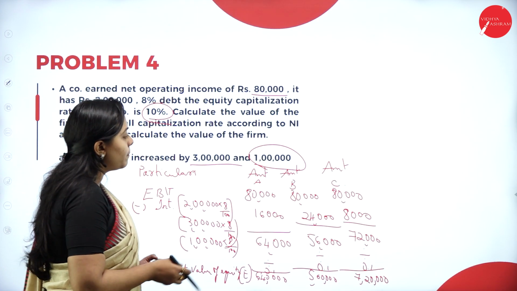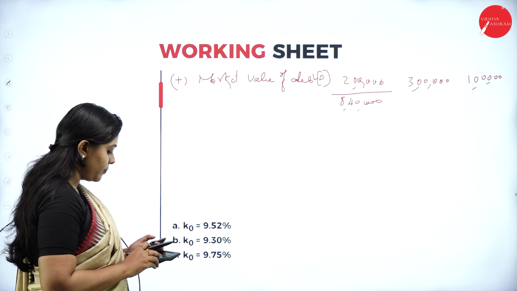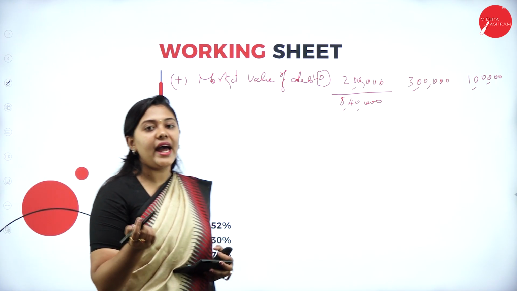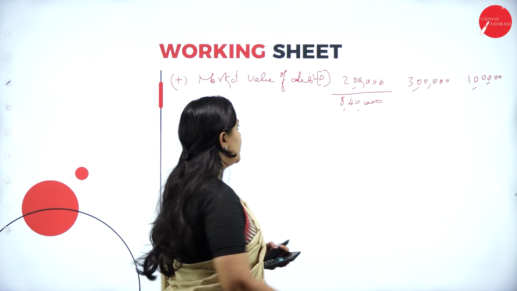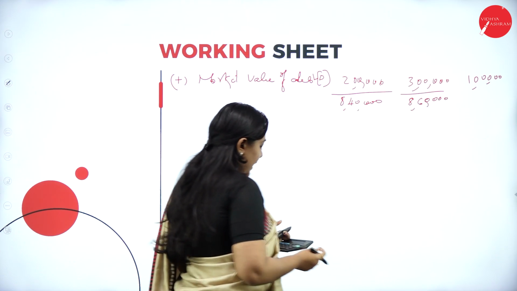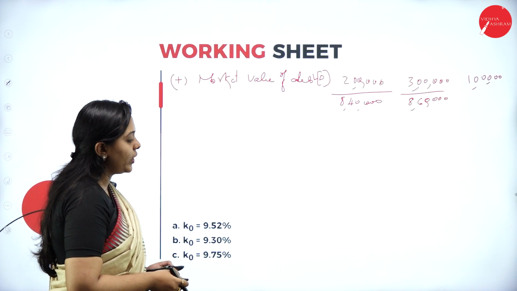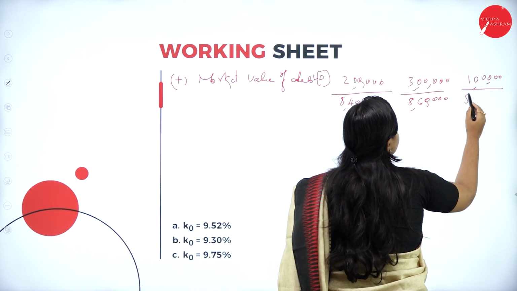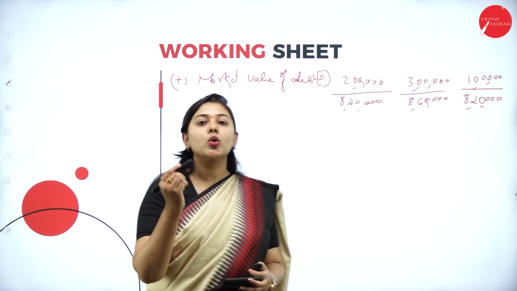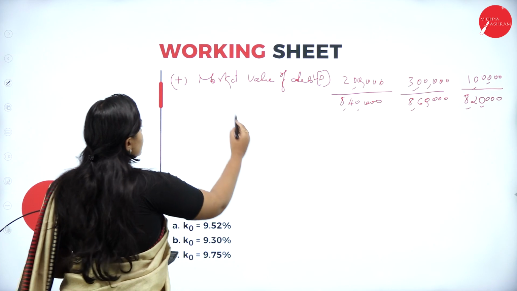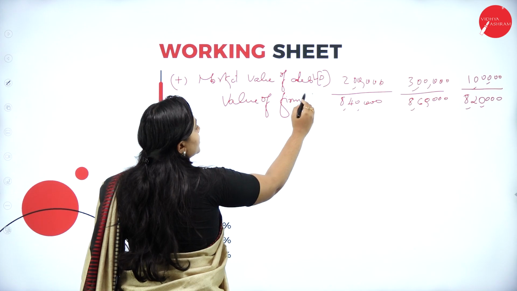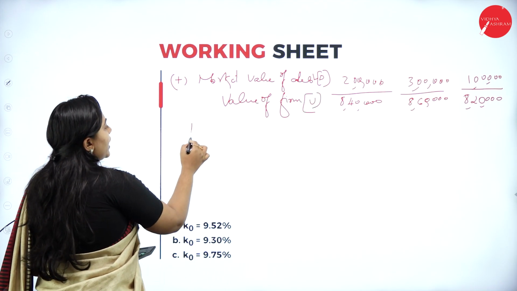So 3 lakh plus 5,60,000 plus 3 lakh, the value will be how much? 8,60,000 is the value. 1 lakh plus 7,20,000, it is 8,20,000. So what is this, my dear students? It is nothing but your value of the firm. That is your B.